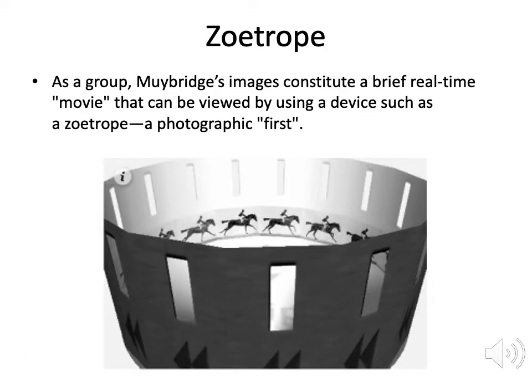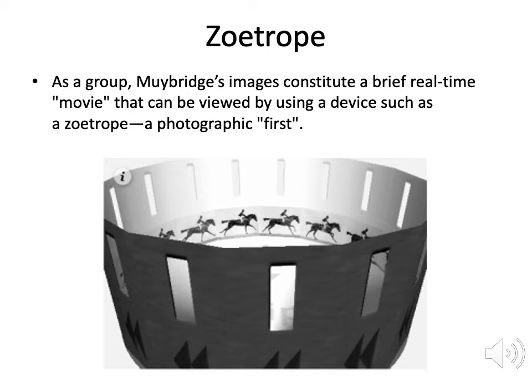All right, so now we're going to use those images from Muybridge, those separate images of the horse galloping, and put them together. It makes a zoetrope. Now this zoetrope here is the first small real-time movie. It can be viewed by a device such as what we see here.